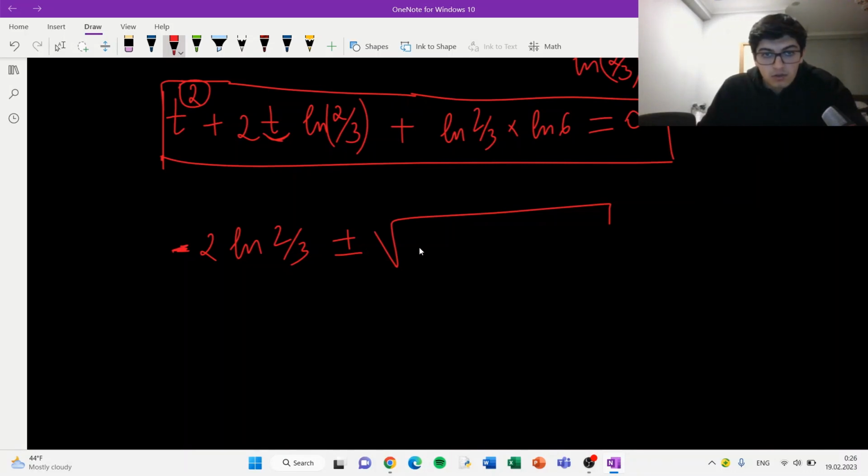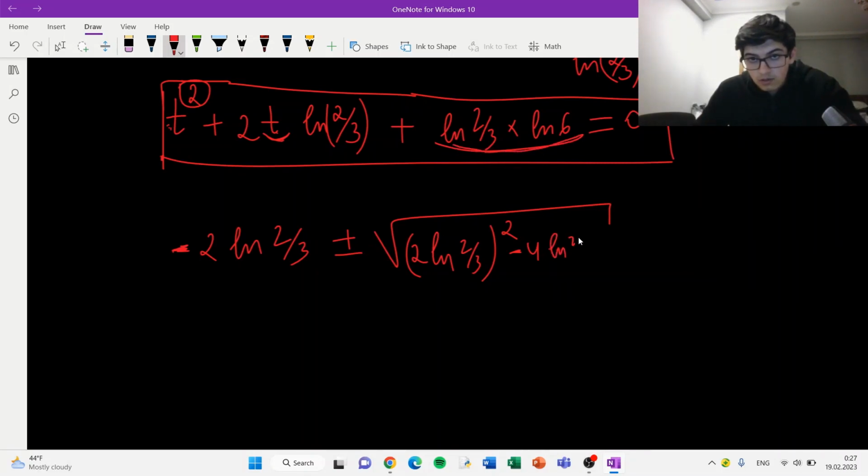It's going to be equal to the coefficient of t, ln 2 divided by 3, squared, minus 4 times the coefficient of the maximum power term, which is 1, no need to write, multiplied by the constant term ln 2 divided by 3 multiplied by ln 6.